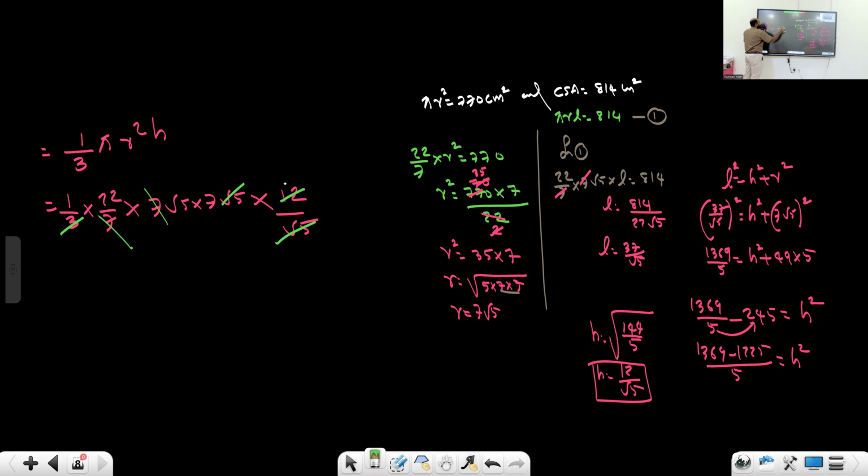This also cancelled. Balance 22 into root 5 into 7 into 4. So 22 into 28 root 5. 28 and 22 you multiply, then that will be your answer along with root 5. Root 5 value, no need to do anything. That much is centimeter cube.